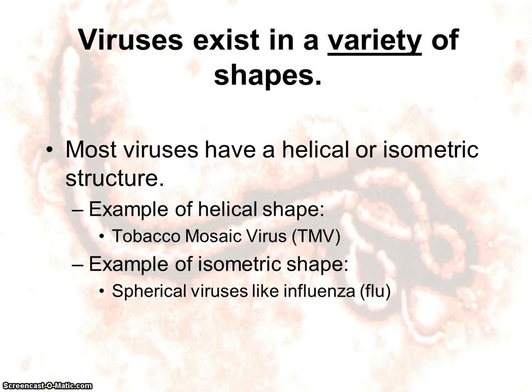Here are the scientific terms that we're going to stick to for these shapes. Most are helical or isometric, which means they're circular in shape. If they're spherical, like the flu, isometric, or helical, like the tobacco mosaic, those are the two main categories of shapes for viruses.